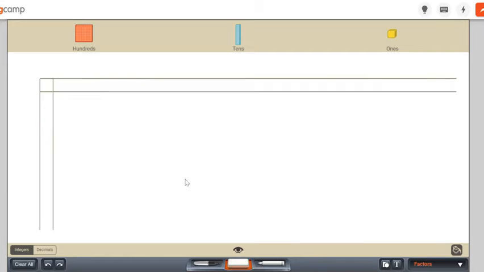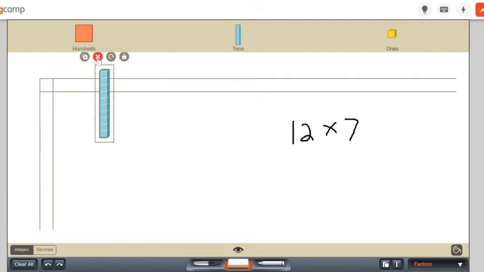We can also do this for bigger numbers, such as 12 times 7. So when I do 12 times 7, I'm going to bring a 10 and I'm going to build it. Okay, rotate it, put it in here.